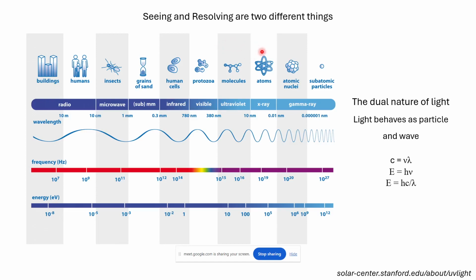So firstly, we know that light behaves both as a particle as well as a wave. So it has a very huge range, starting from the radio waves to the gamma waves. As we go from radio waves to the gamma waves, there is a decrease in the wavelength, or we can say there is an increase in the energy, as energy and wavelength are related to each other.